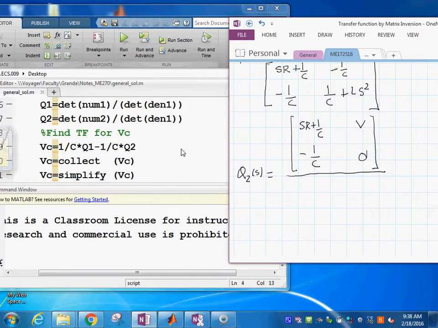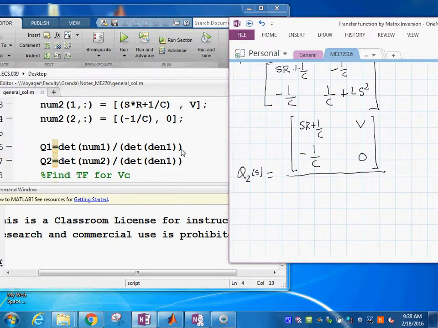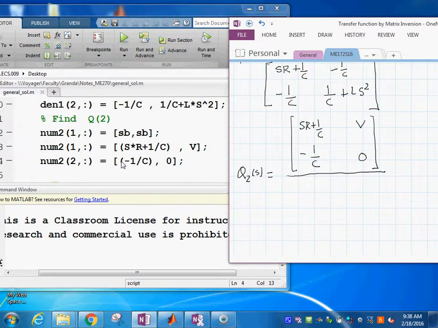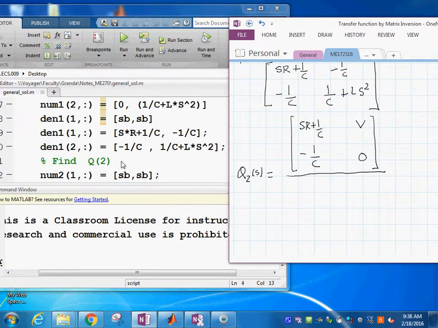So just to make sure that everybody's on the same page, you say the denominator is the same for both of them, and that's stated over here. So if you don't remember how to enter these determinants in Matlab, now you will.